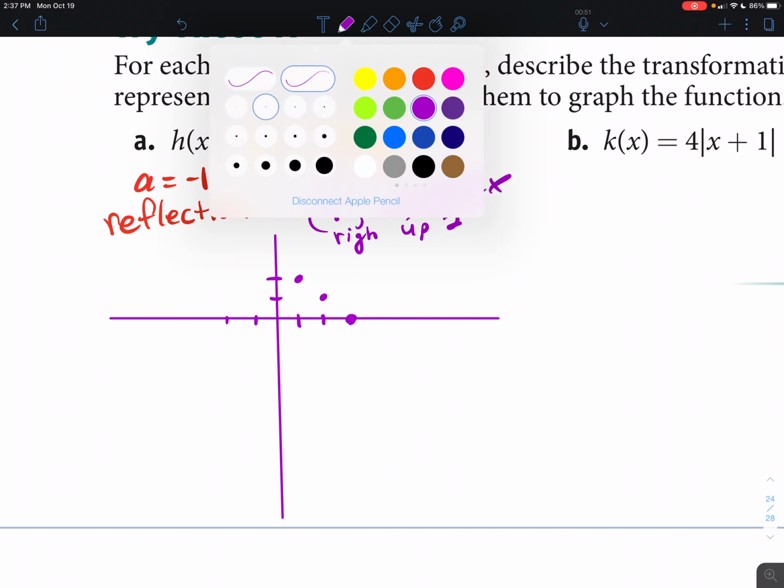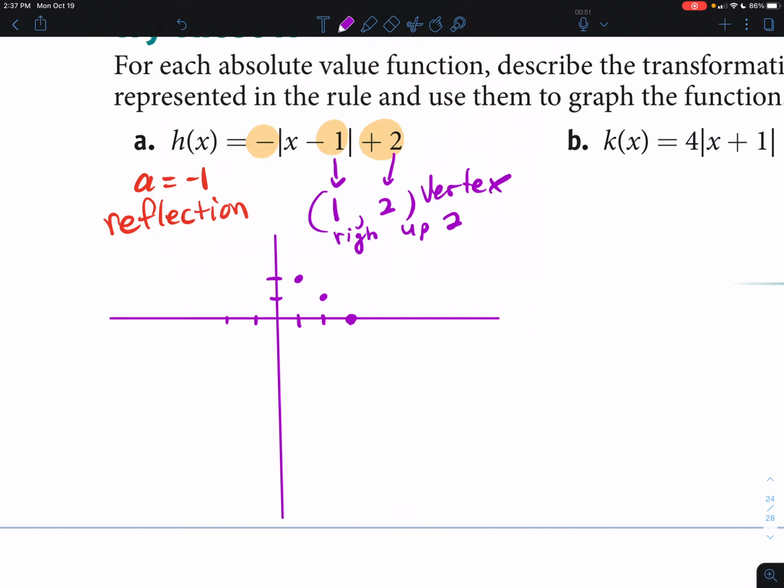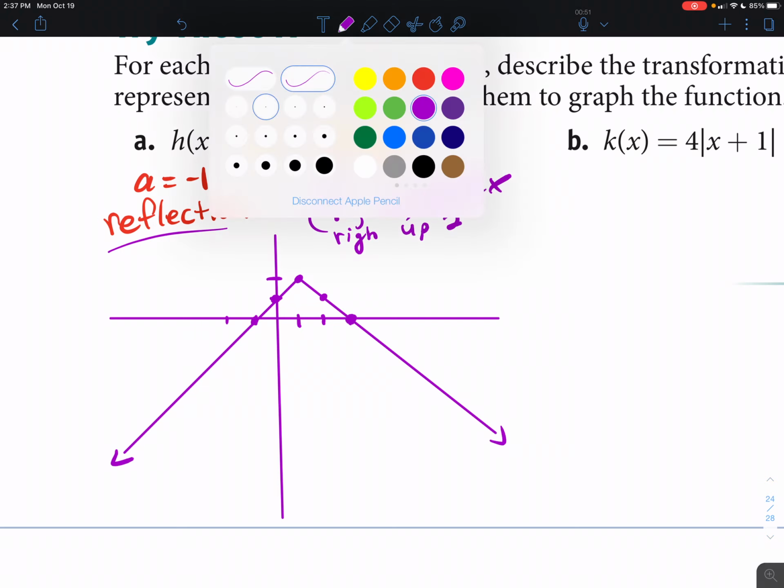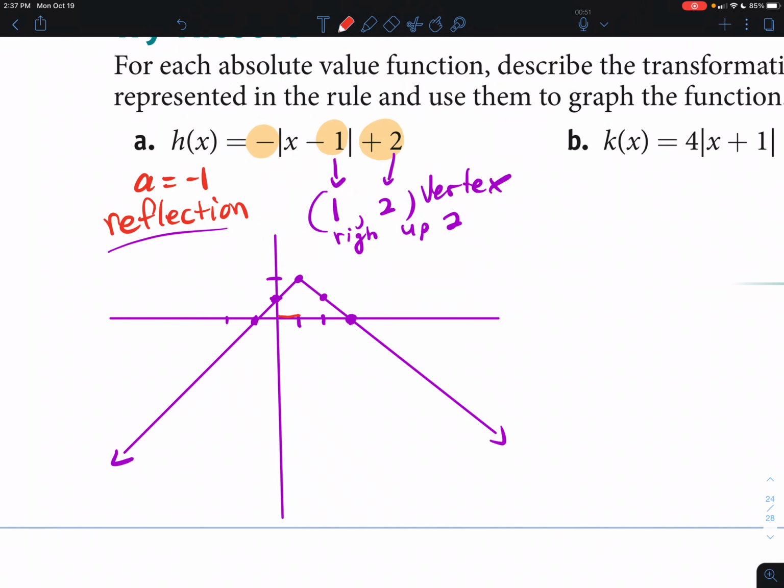I'm going upside down because it's negative. Down 1, left 1, down 1, left 1. And we should get this pretty picture when we're done. And I'm done. It's reflected, and it got shifted right 1, up 2.